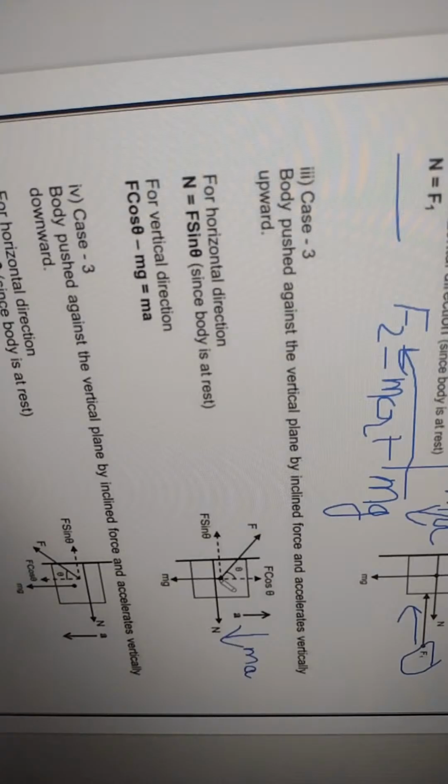So this is theta, and this will be the base. If we have a triangle like this and join this line, this will be the hypotenuse.